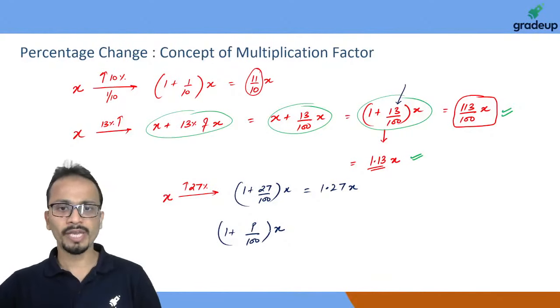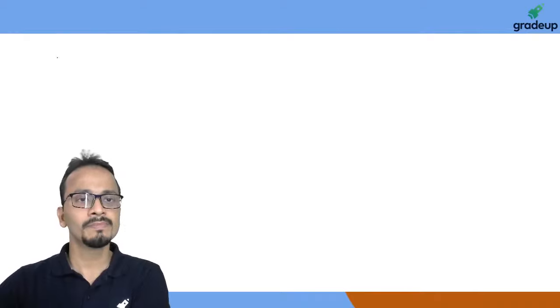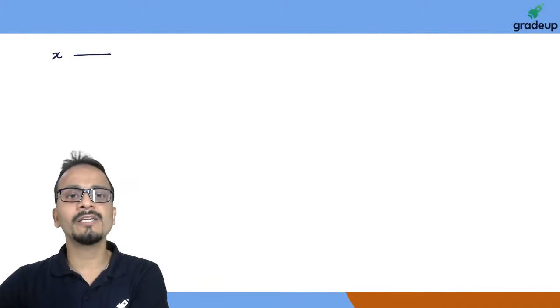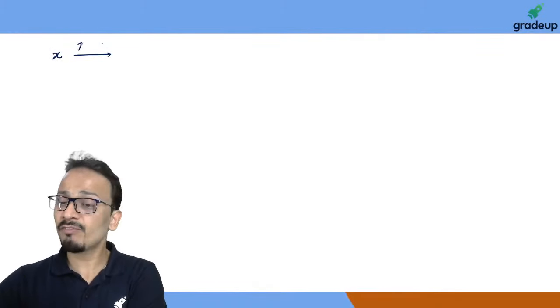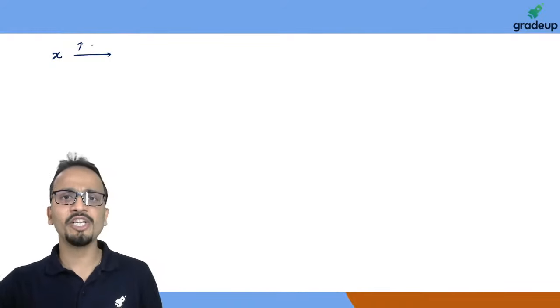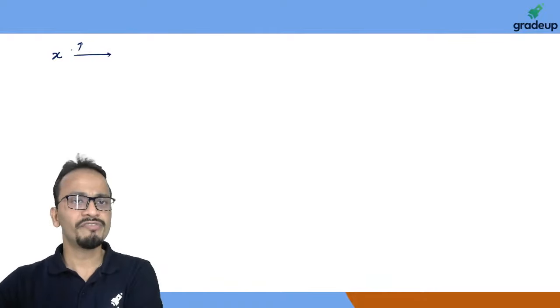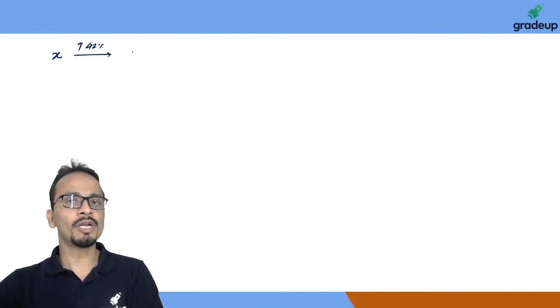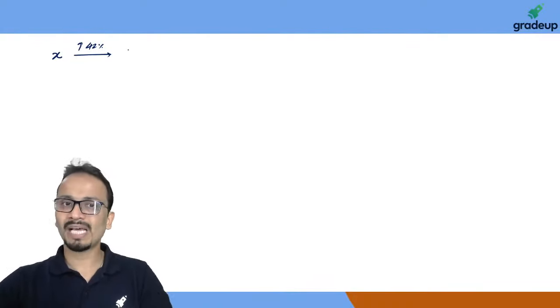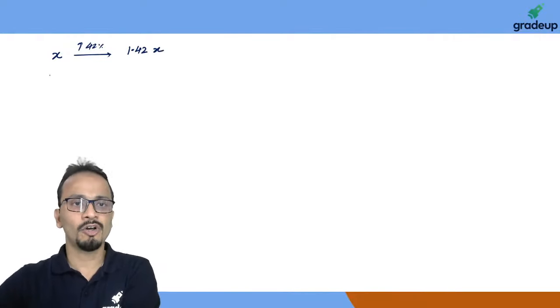I'll show you some more examples for the same. You have to practice this particular thing, you will be able to save plenty of time, I can bet on that. If x is increased by, let's say, 42 percentage, the final value can be written as 42 upon 100 is 0.42 plus 1, it will be 1.42x.